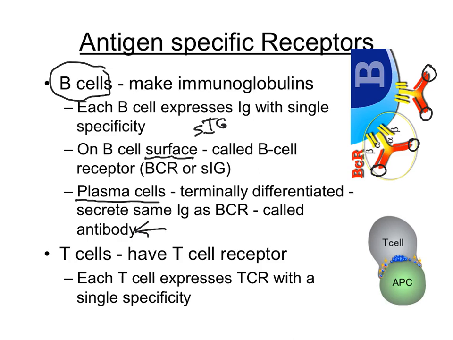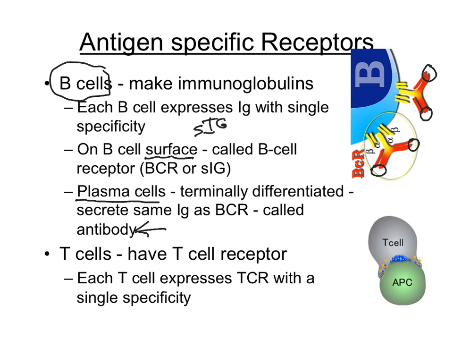Differentiation, in this case in B cells, results in the same antibody molecule now being made and exported out of the cell as a soluble protein to help in your specific acquired immunity.